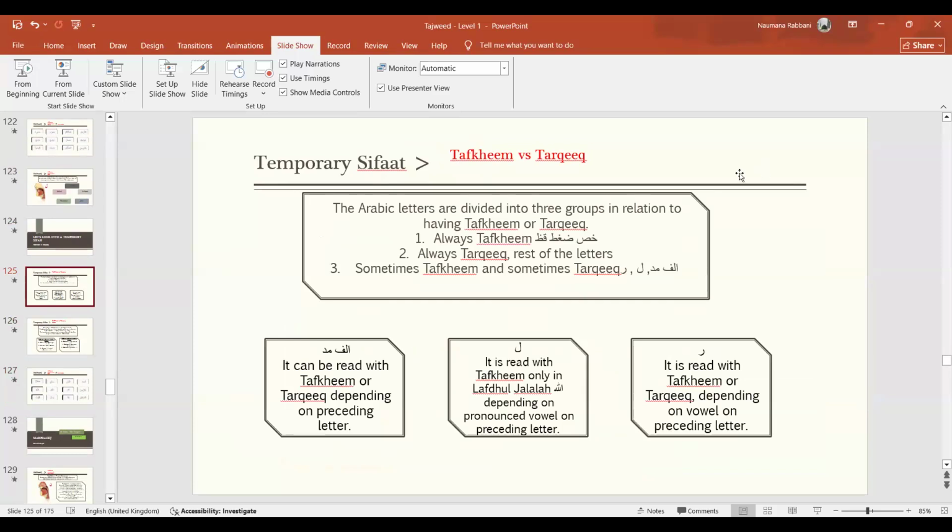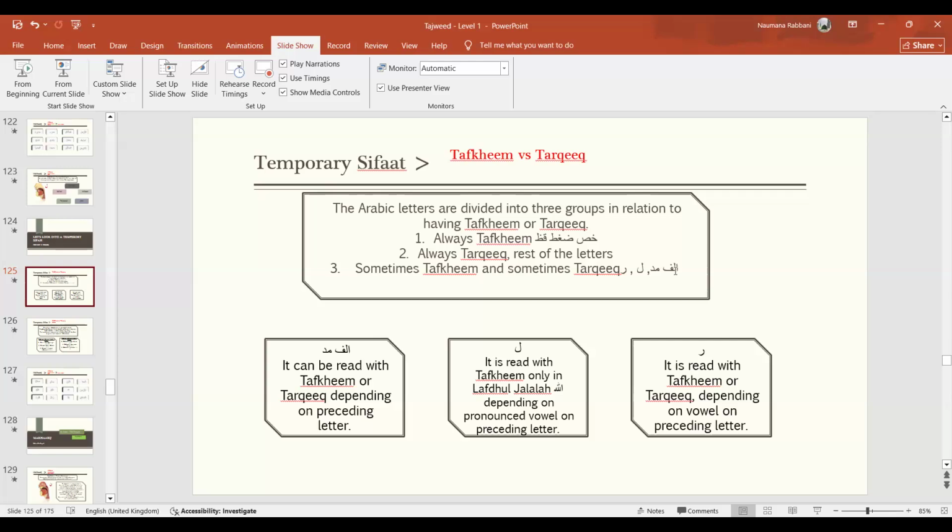The Arabic letters are divided into 3 groups in relation to tafkhim, whether they have this heaviness, or tarqiq, they are light. There are letters of isti'la, which are always tafkhim. And there are letters which are always tarqiq. And there are some letters where some conditions make them heavy, and if those conditions are not met, they are light.